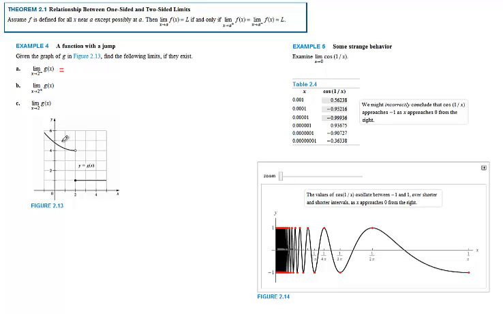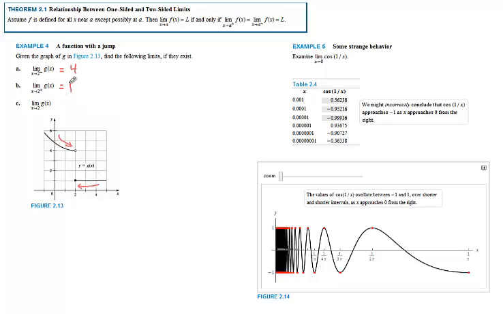As x gets closer and closer to 2, the y values that they're approaching would be that value of 4. As x approaches that 2 from the right, those y values, well, they're holding steady at 1.